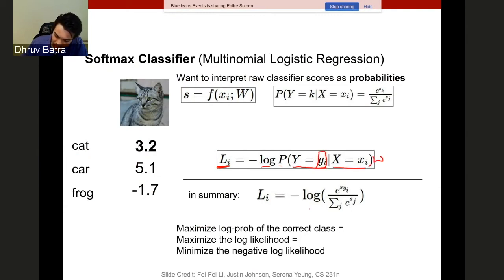So negative log of e to the score of y sub i divided by the sum of all the exponentiated scores. You may have met this object before in a machine learning class. You may have heard of things like maximizing the log likelihood, minimizing the negative log likelihood, or maximizing the log probability of the correct class.